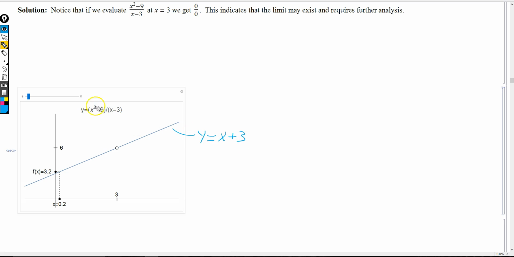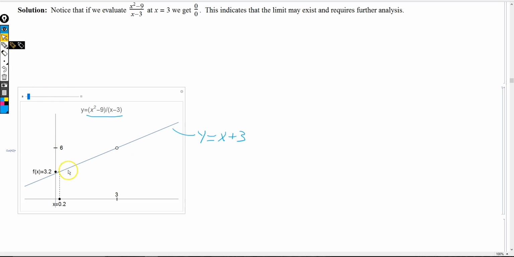So x squared minus 9 over x minus 3 looks exactly like this graph, except you notice you have this little opening right here, this little hole in your graph, because this function technically does not exist at 3. So you have to actually leave a little opening right there. Now if you type this into your calculator and graphed it, a calculator normally will not put a little opening right there. You would just see a straight curve going right through. But technically there should be a little gap right there.